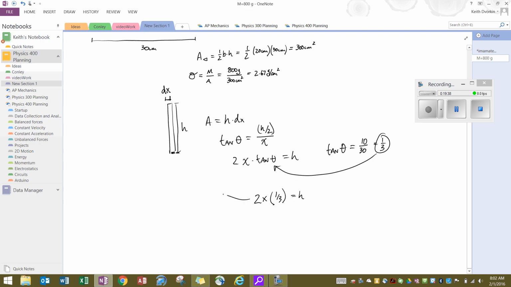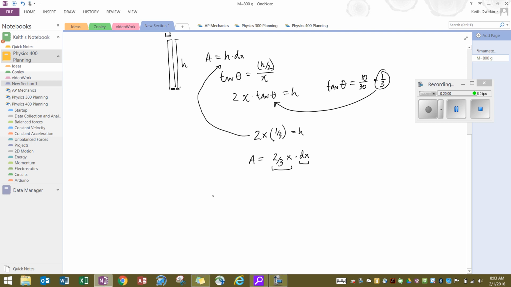And remember, the whole point of this little diversion here was to get an equation for the area on the coordinate system. So the area is going to be equal to 2/3 x times the width of this thing. So this is the height, this is the width, that's our area.